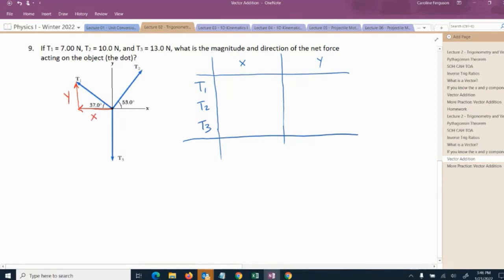So in terms of x, is that the adjacent side or the opposite side of the 37 degrees? Adjacent, good. So because it's the adjacent side, do we use sine or cos? Think of SOHCAHTOA. Yeah, cos. Good. So we're going to say it's the hypotenuse, which they told us in the question is 7, and then cos of the angle, which is 37 degrees.